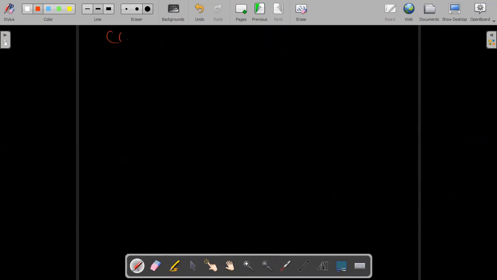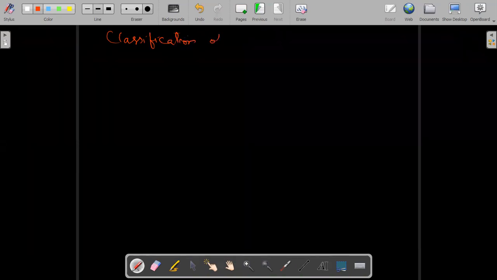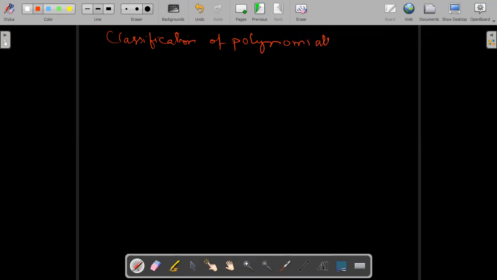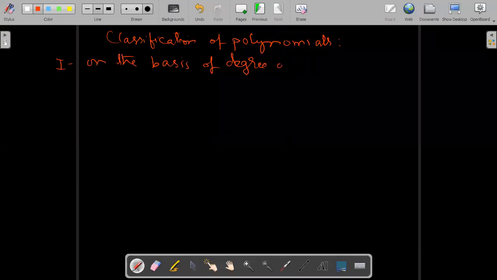You can say that classification of polynomials, first on the basis of degree of a polynomial.